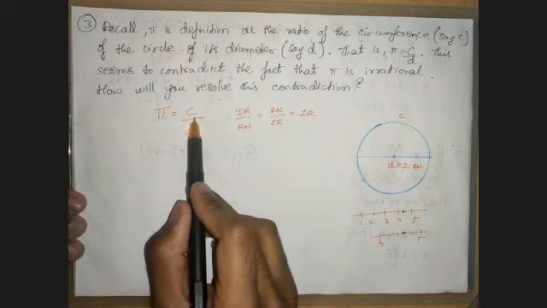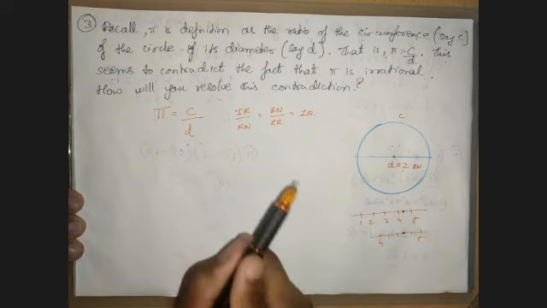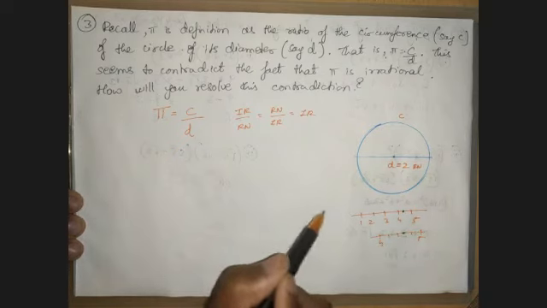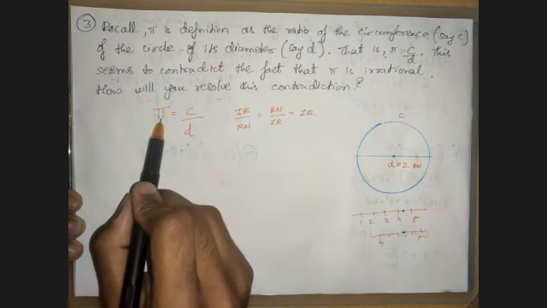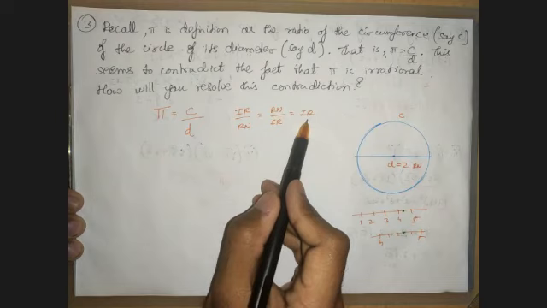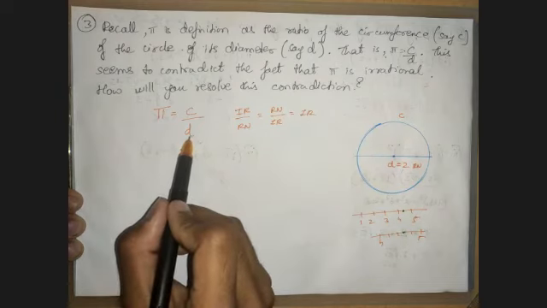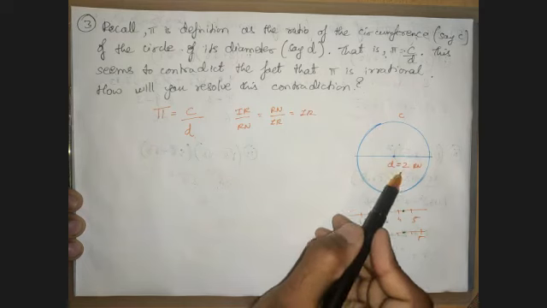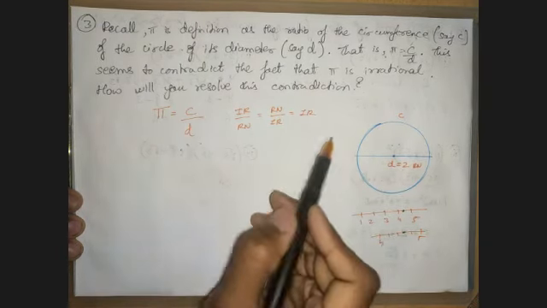So by looking at the approximation and the scientific values using the supercomputer, we can conclude that pi is irrational. So we can tell that when the diameter d is rational, c would be irrational, or if both are irrational, again pi is irrational.